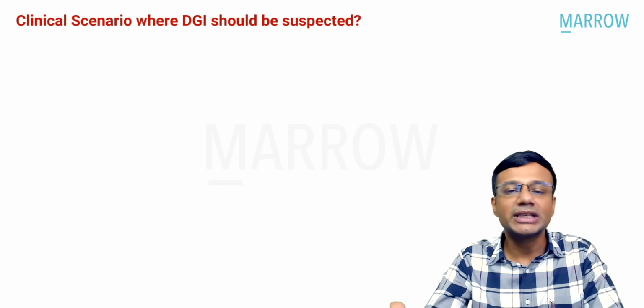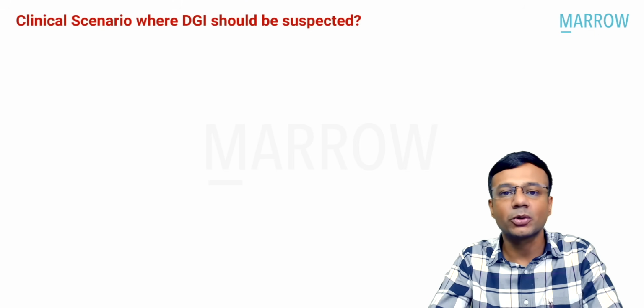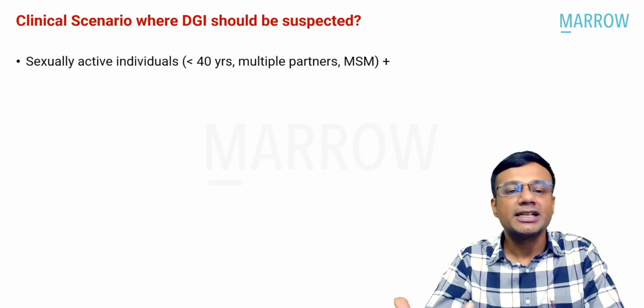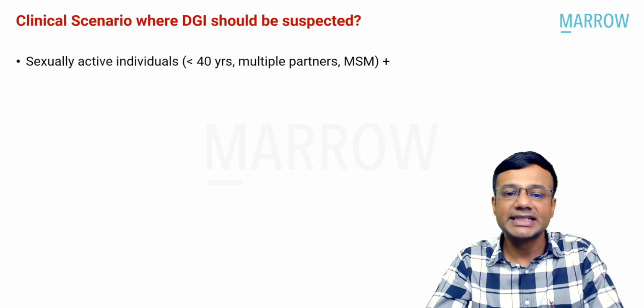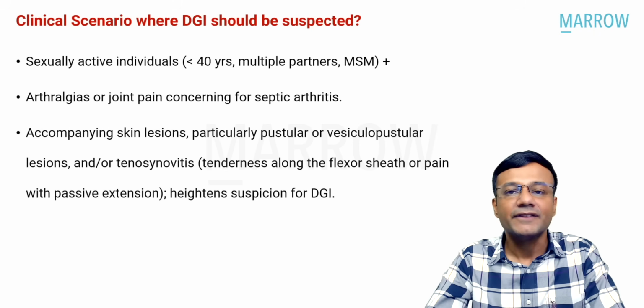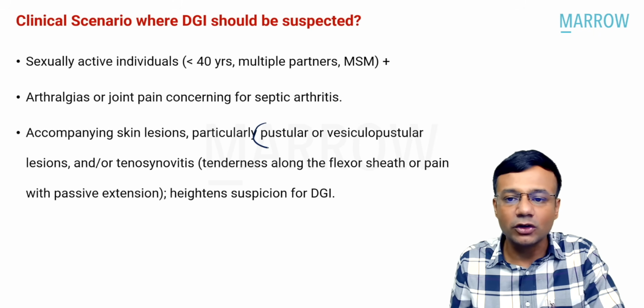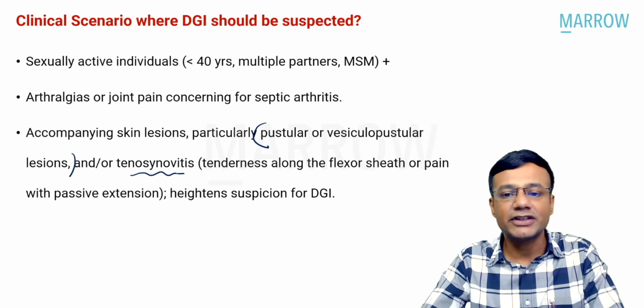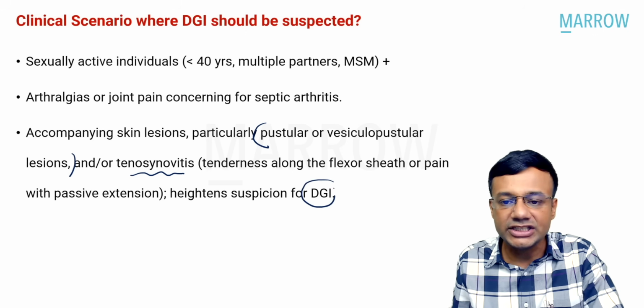So when should a clinician suspect disseminated gonococcal infection? This is very important, especially as an orthopedician is likely to see these cases. A sexually active adult, less than 40 years, with multiple partners, males having sex with males, which is very common. If a patient like this presents with arthralgia or joint pain, with accompanying vesiculopustular hemorrhagic skin lesions and tenosynovitis, then we should think of DGI.